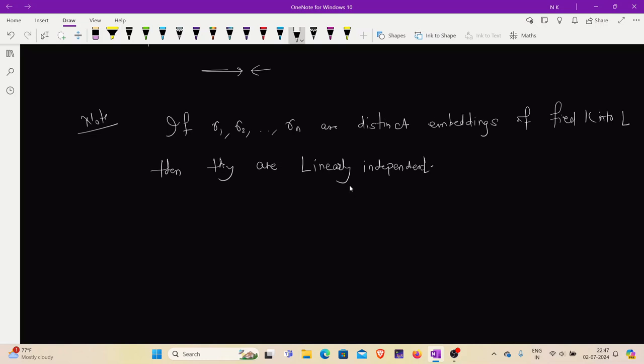In particular, we can say that distinct automorphisms of k are linearly independent.